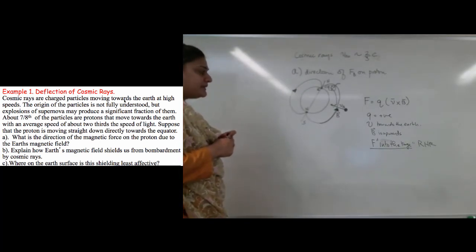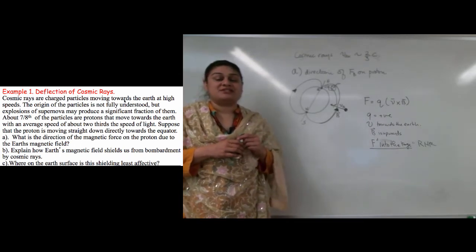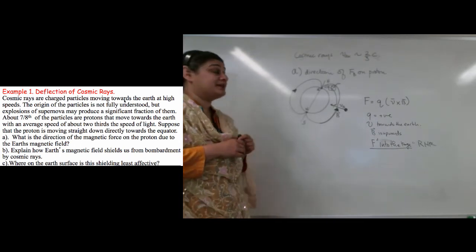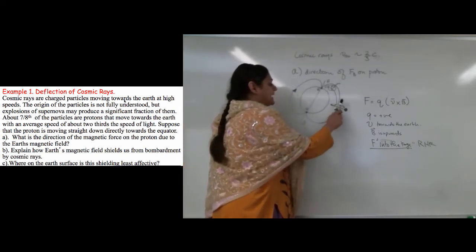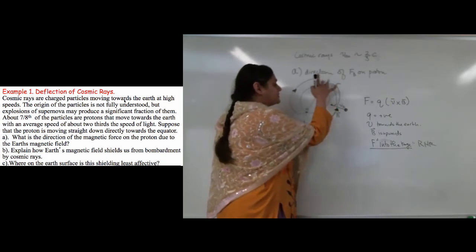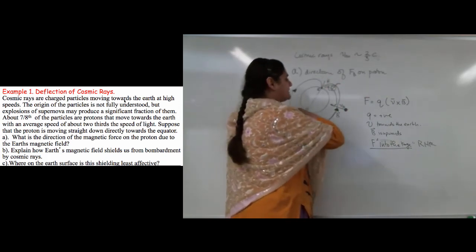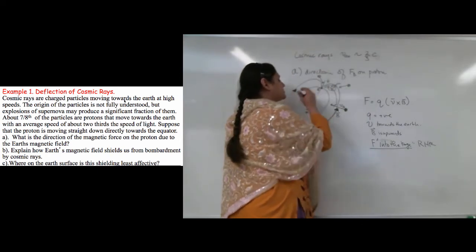Okay? Now the next question is, where on the surface is this shielding least effective? Well, the least effective will actually be at the poles themselves. Anywhere else, these particles will be deflected upwards to go towards these points, but if there was a particle coming in here or here, that's where the least shielding will occur.